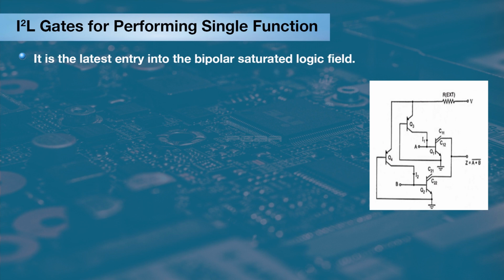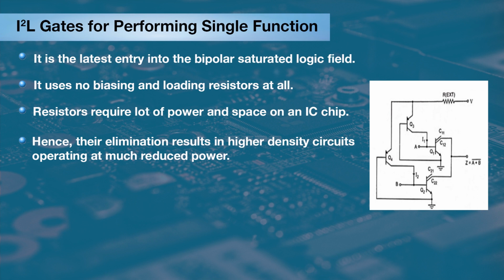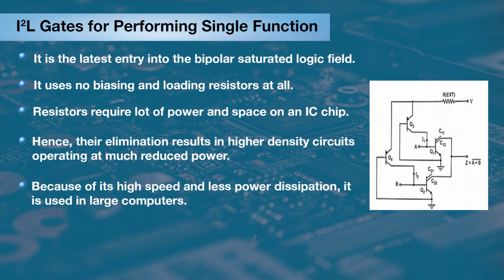It is the latest entry into the bipolar saturated logic field. It uses no biasing and loading resistors at all. Resistors require a lot of power and space on the IC chip, hence their elimination results in higher density circuits operating at much reduced power. Because of its high speed and less power dissipation, it is used in large computers.